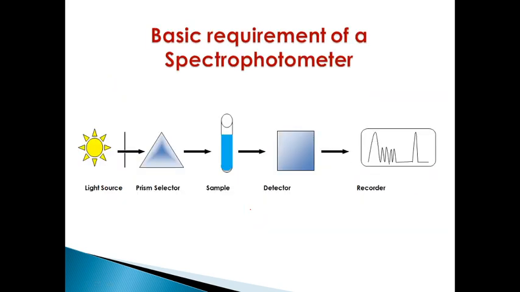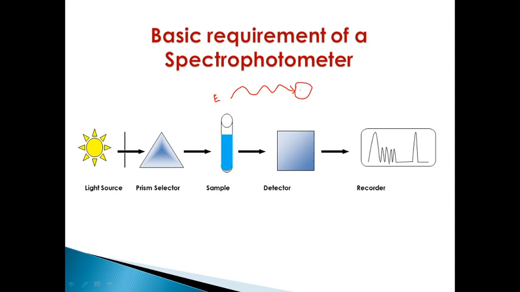Now, let us study the spectrophotometer and the requirement of a spectrophotometer. Before going to it, let us know for what cause we use a spectrophotometer. When electromagnetic radiation in the form of photons interacts with matter, some changes will occur in the molecule.